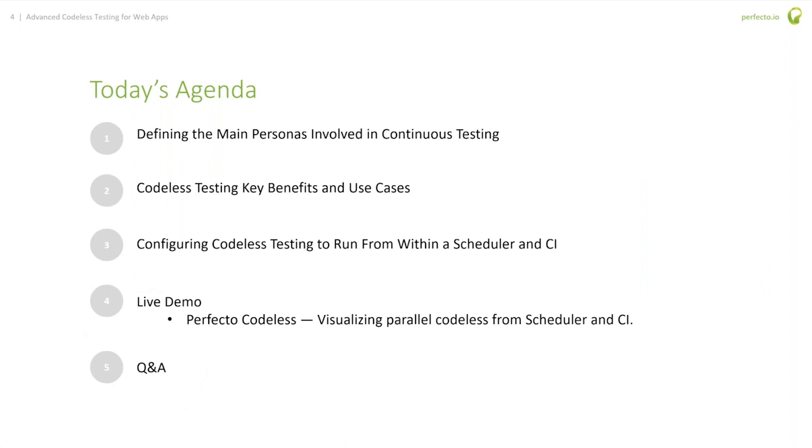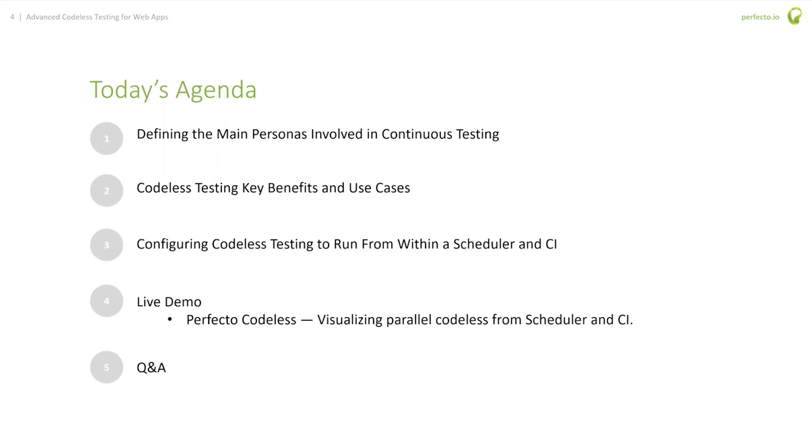So in today's agenda, we are going to do a short recap of the previous webinar, just to make sure that everyone is on the same page with few of the things. One of them is the objective behind using Codeless, why it's important, why we in Perfecto invested in making this solution available and complementing the other SELENIUM tools that we support.